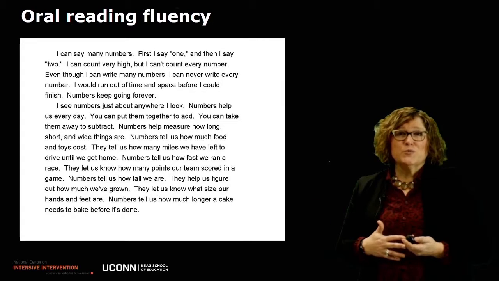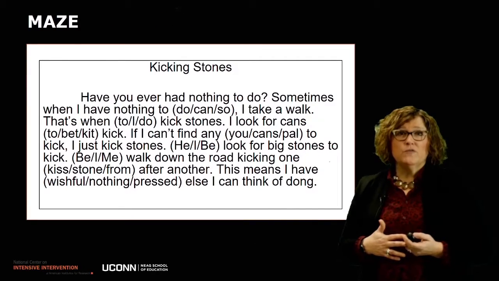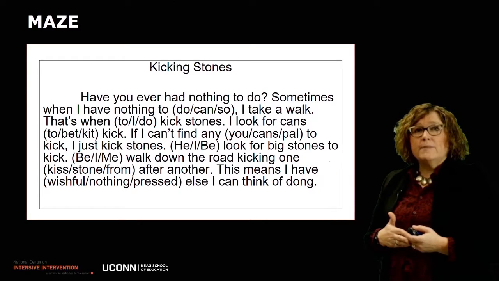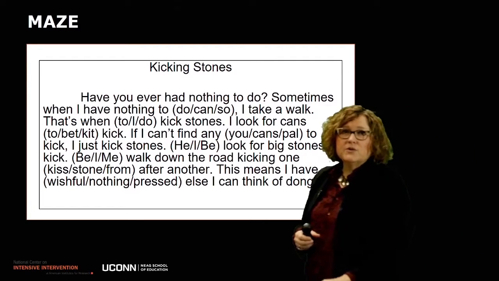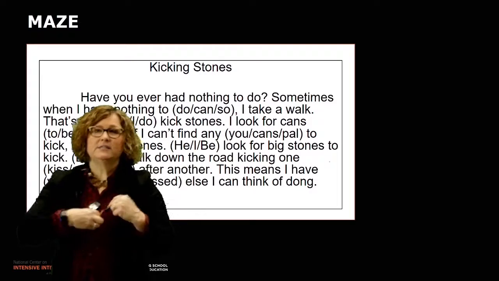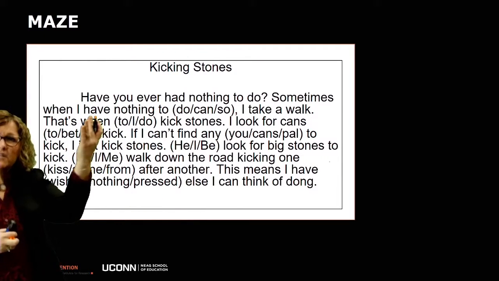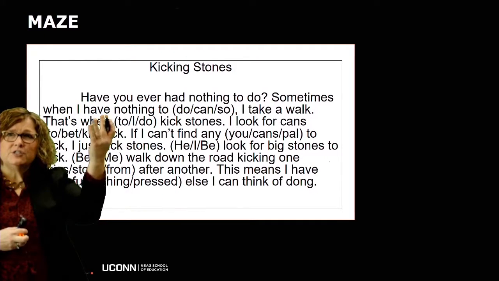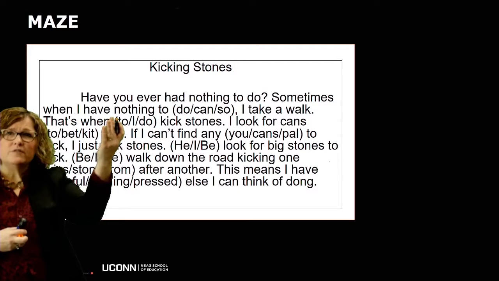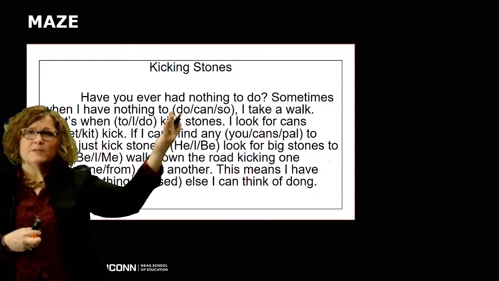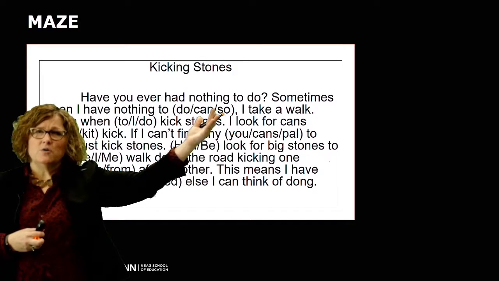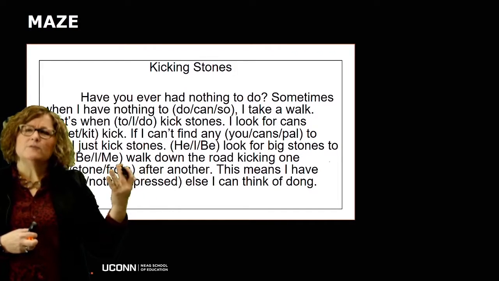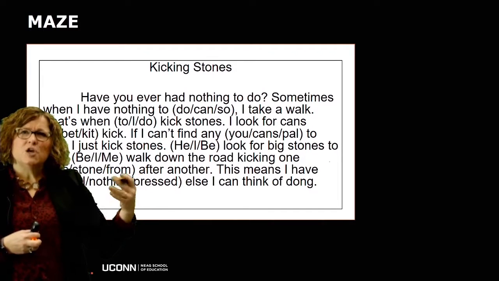Examples again, oral reading fluency, as we've seen before. Here's an example of that maze passage. So as students move along through the passage, they're reading to themselves. Have you ever had nothing to do? Sometimes when I have nothing to do, can, so. And so they're sort of thinking to themselves, what fits in the passage?